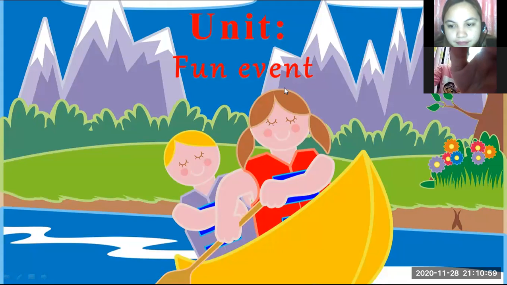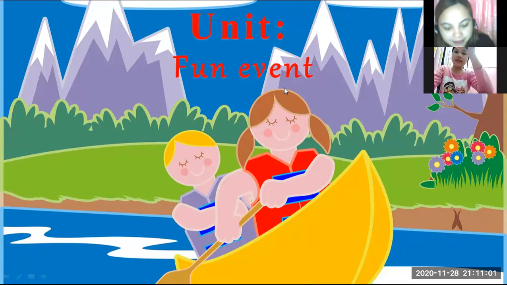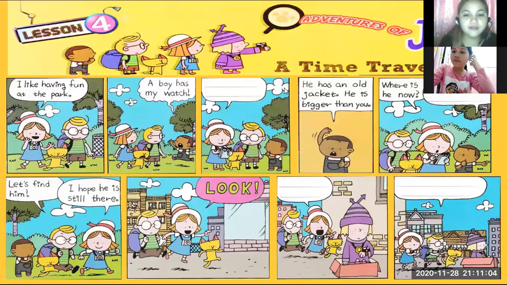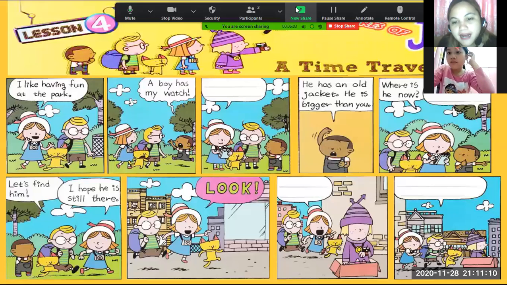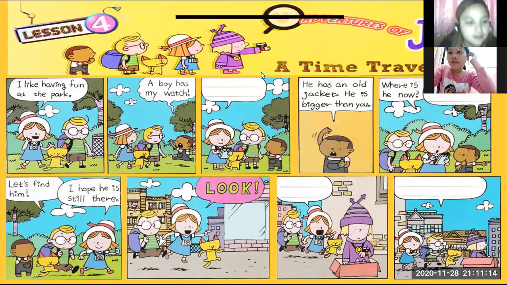It is Fun Events. Okay, fun events. So now let's have lesson number 4. This is a comic about the adventures of J and J, a time traveler. Can you read the comics?